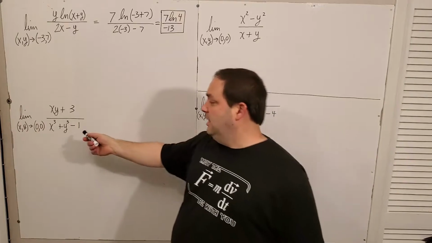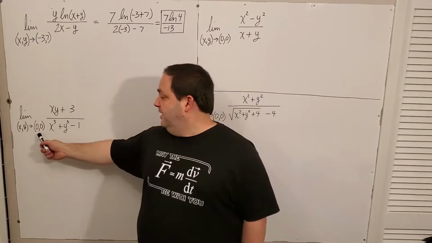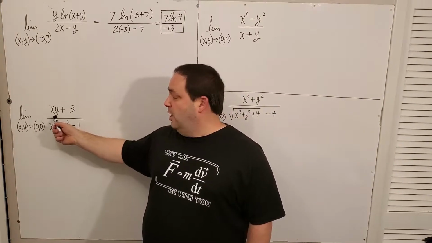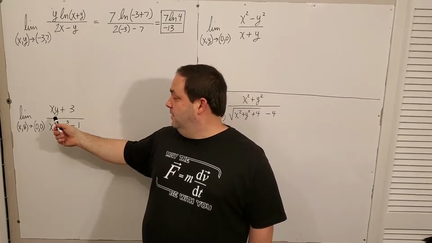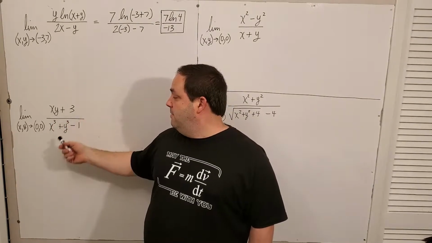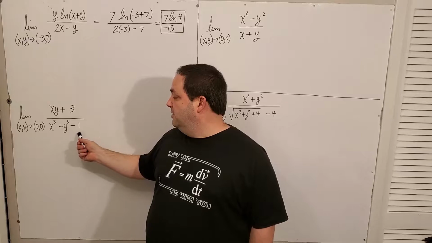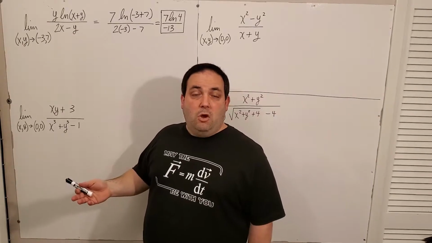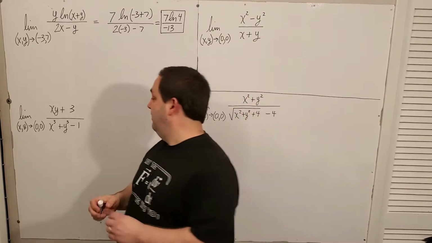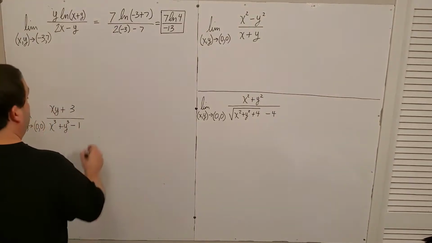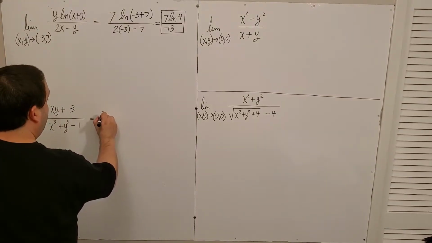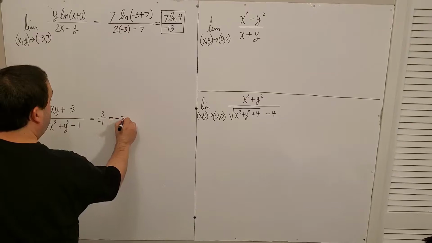Okay, let's try again. If I take 0, 0 and plug it in for each of the values, I've got 0 plus 3 over 0 plus 0 minus 1, not causing anything crazy in that arena. So I'm going to end up with 3 over -1, or -3.